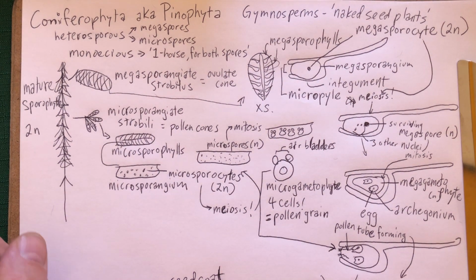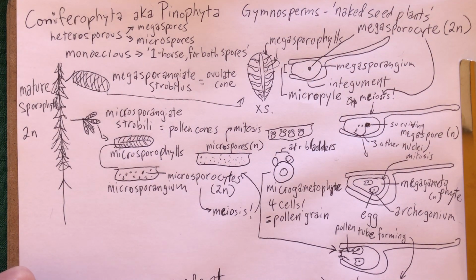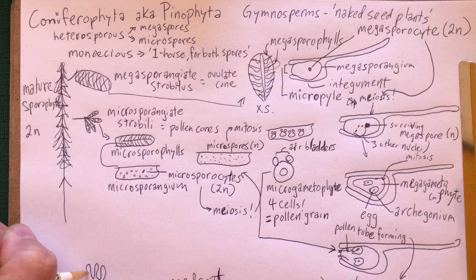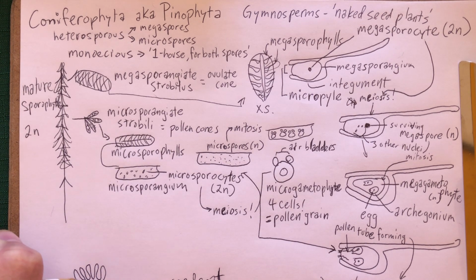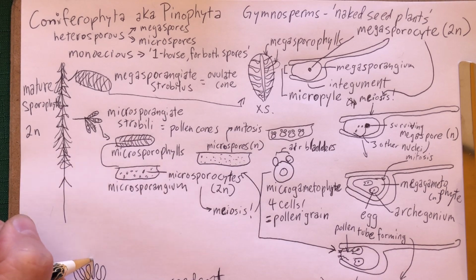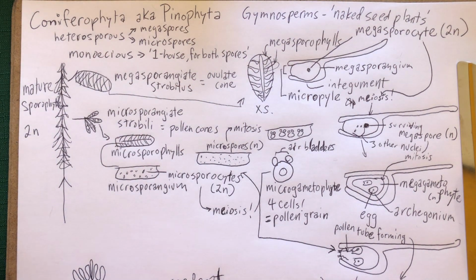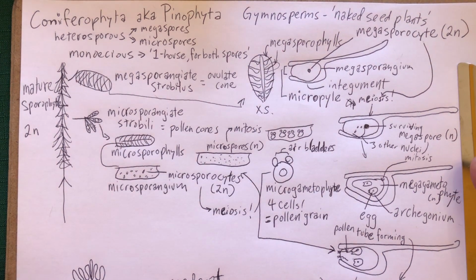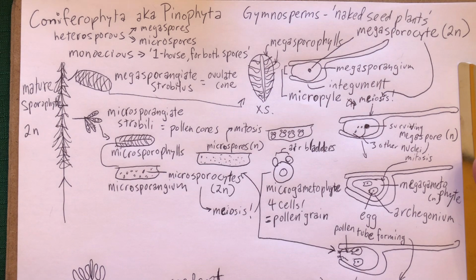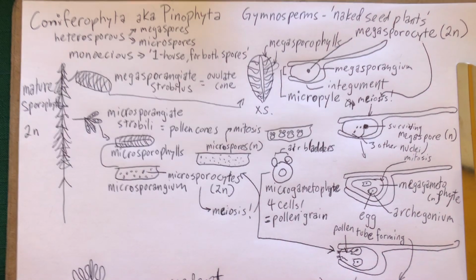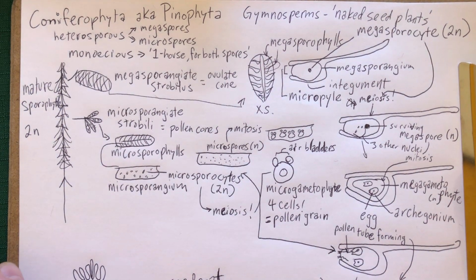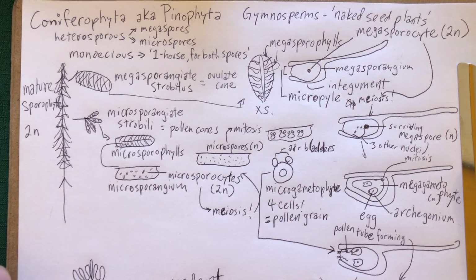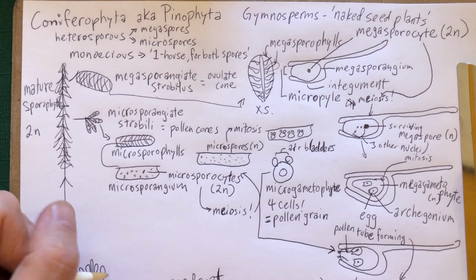Okay, so let's say here's our embryonic sporophyte. Once it's getting out of the seed, it has an embryonic root, which is called a radicle. It has an embryonic stem, called a hypocotyl.